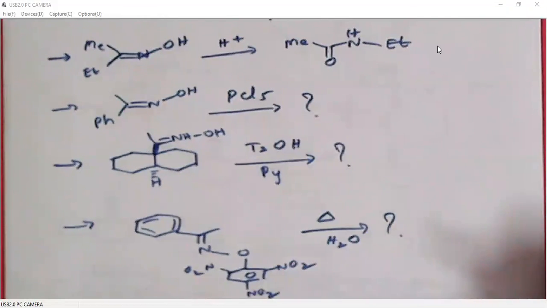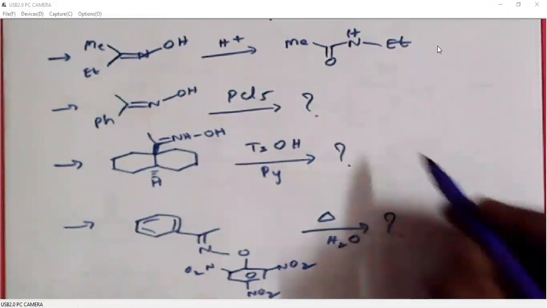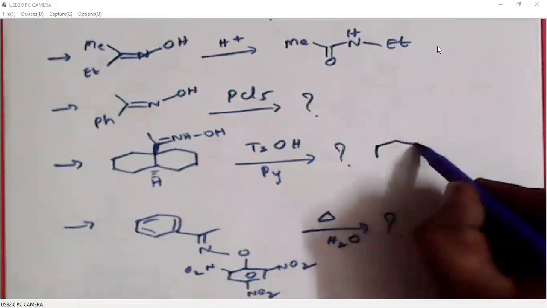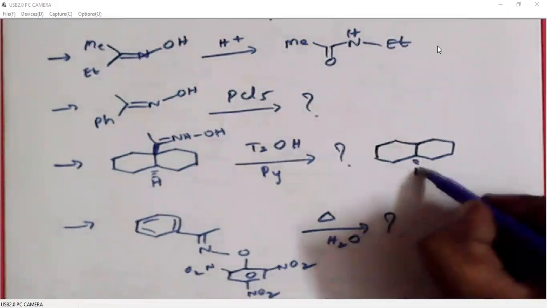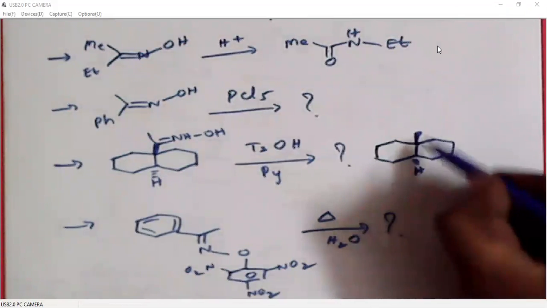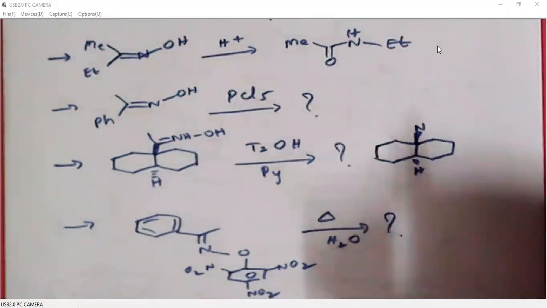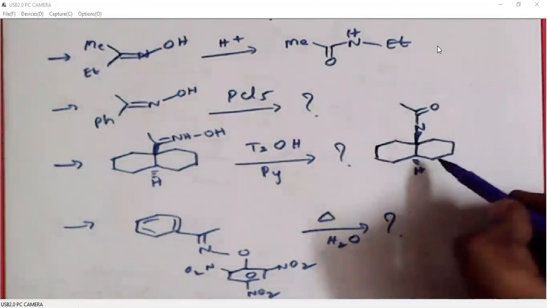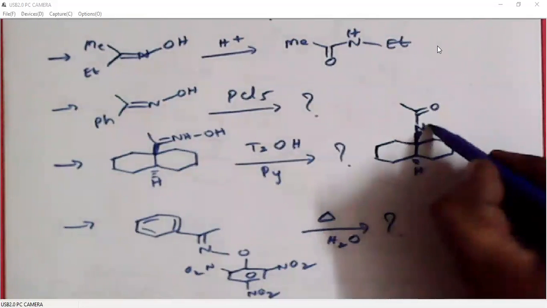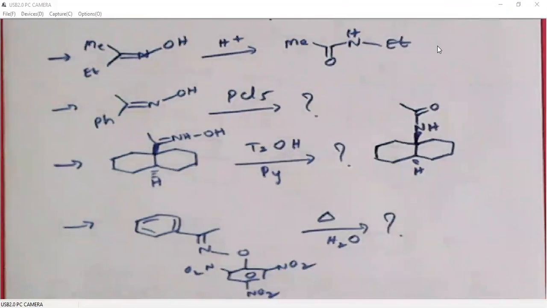So when OH stereochemistry is not given properly, then we need to migrate the more bulky group. This alkyl group migrates to nitrogen, and on nitrogen we have carbonyl and then methyl. We need to write one more hydrogen here.